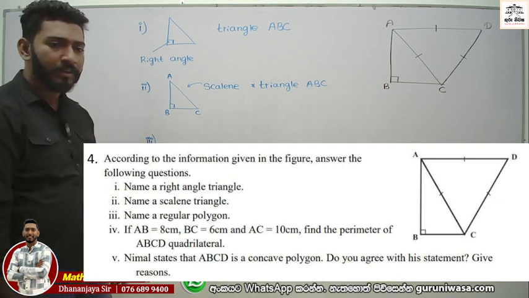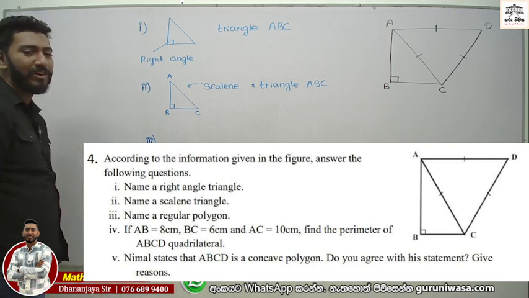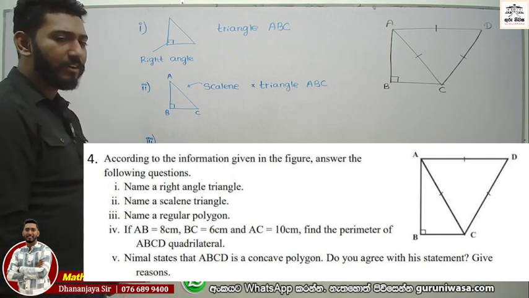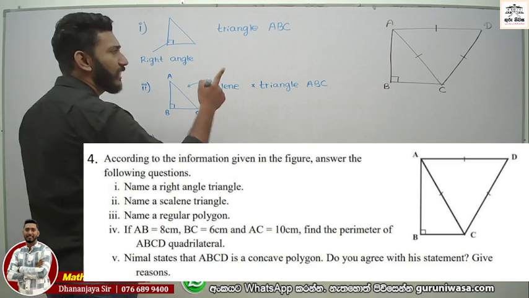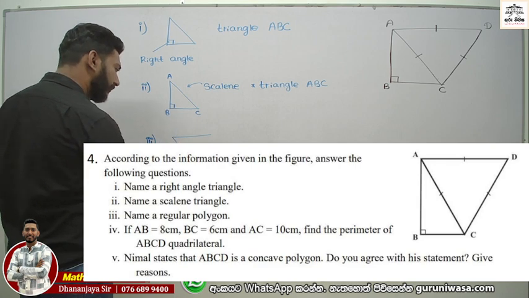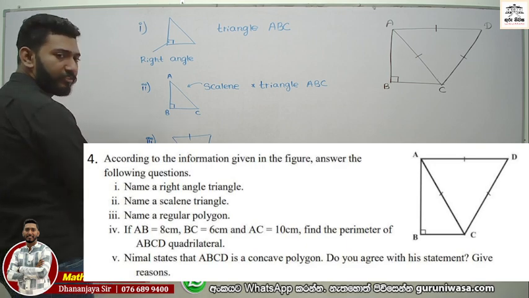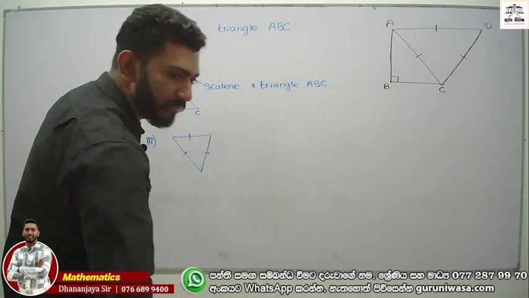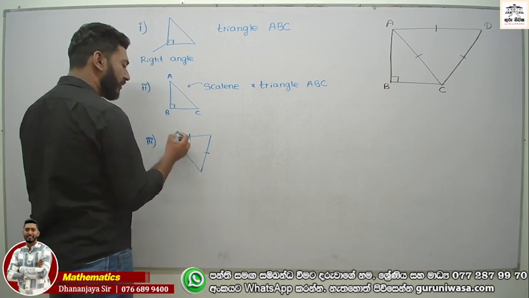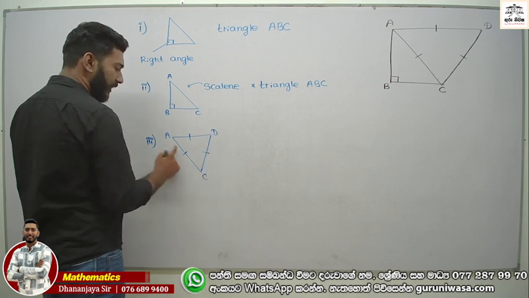Number 3. Name a regular polygon. Look at the triangle ADC. These symbols represent equal sides. Remember, these symbols mean they are equal. This is ADC, ACD.